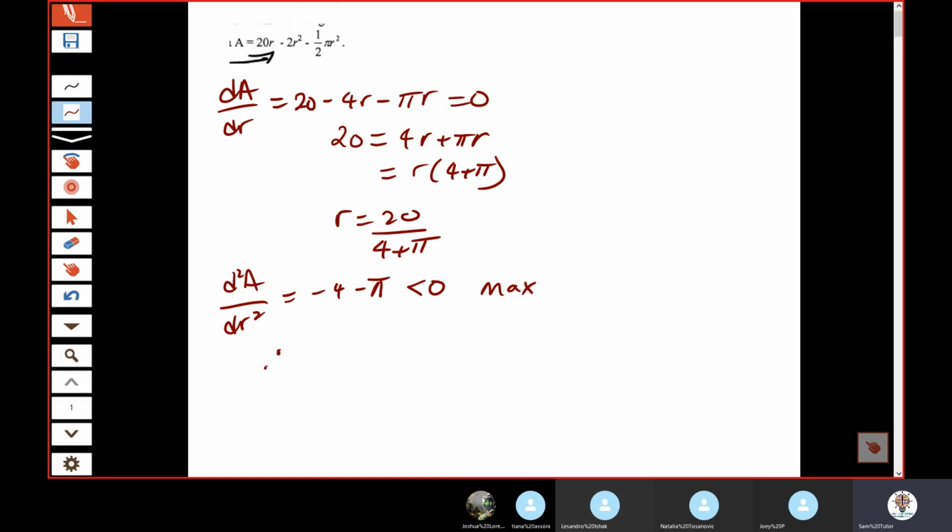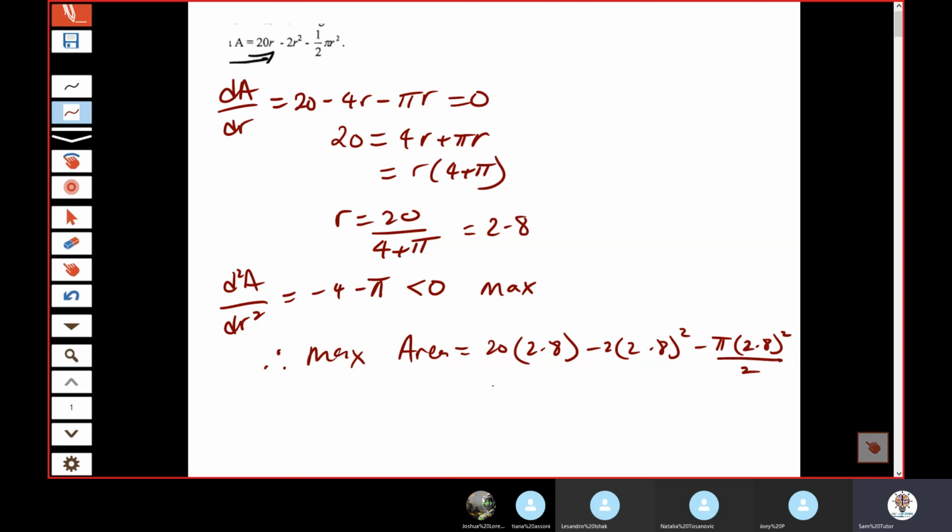So, therefore, max area equals 20r minus 2r squared minus pi r squared on 2, where r is 20 on 4 plus pi. What's this as a decimal? 2.8.